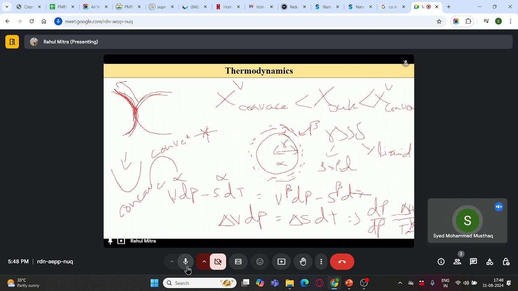So for example, if I have two powder particles here, they're in contact, so they form sintering.